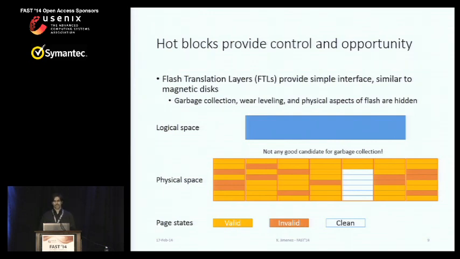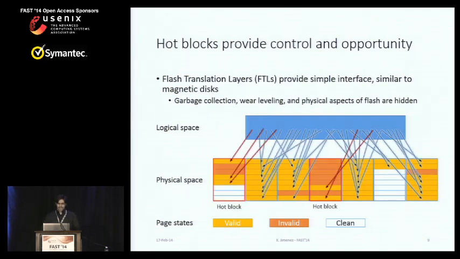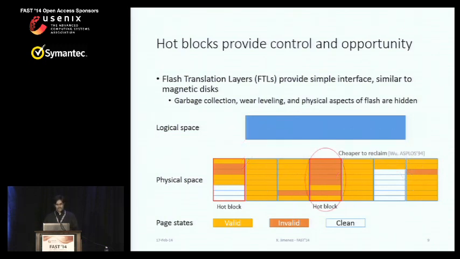So what is generally done is we identify which data is likely to be updated soon, and we group all this hot data together so that we end up more frequently with completely or almost completely invalid blocks. Then reclaiming those blocks is cheaper.